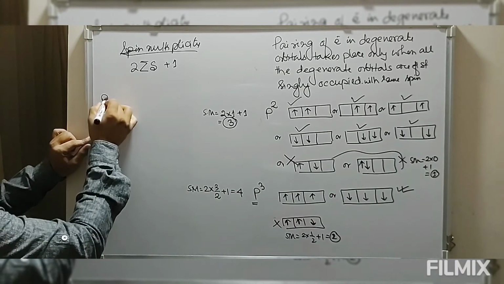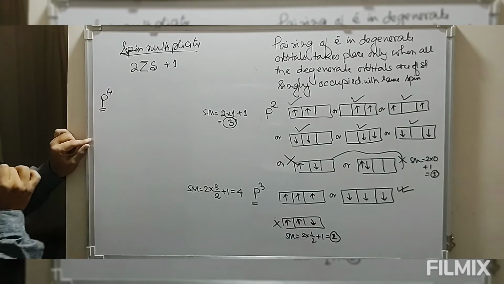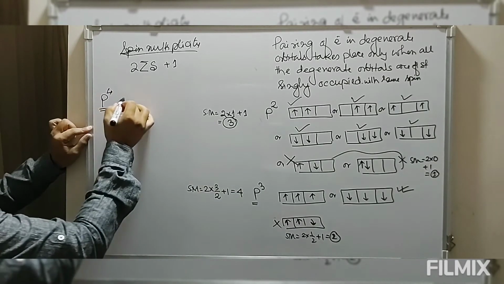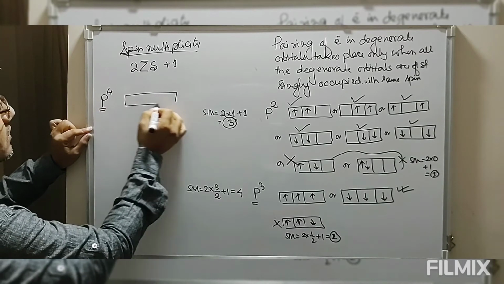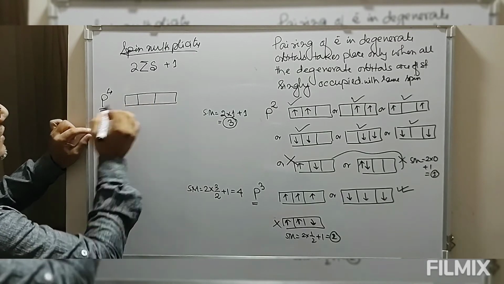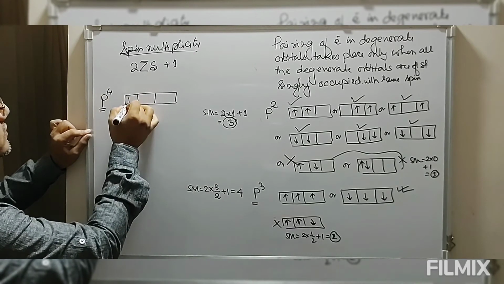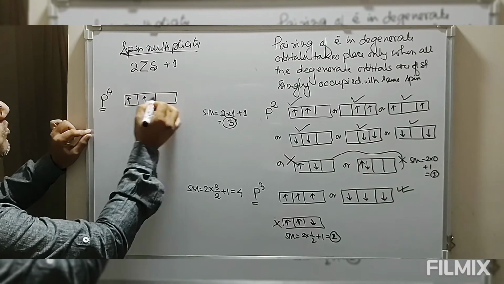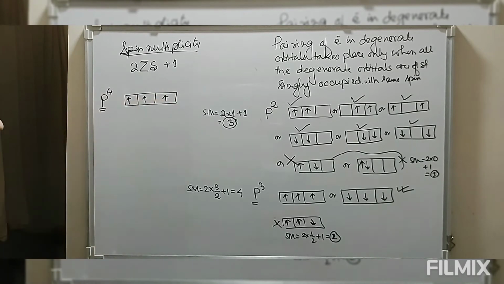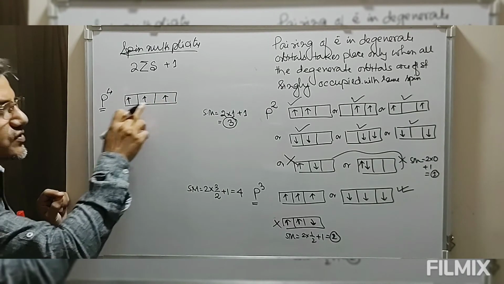Take the case of P4. We have to place 4 electrons in the p subshell. P has 3 orbitals. The rule says all these orbitals should first be singly occupied with the same spin quantum number. So now we have placed the first 3 electrons.